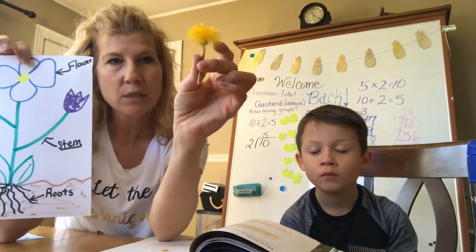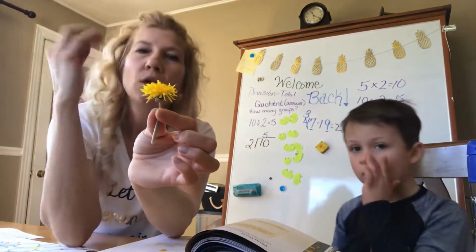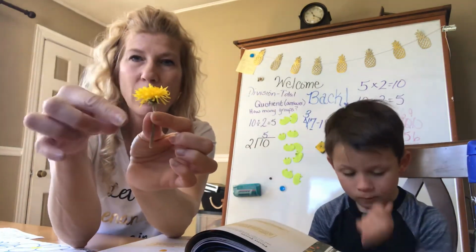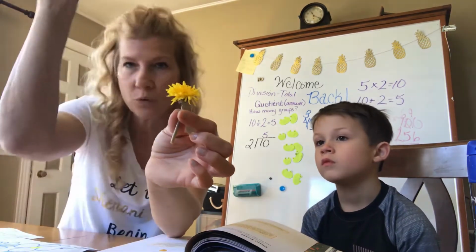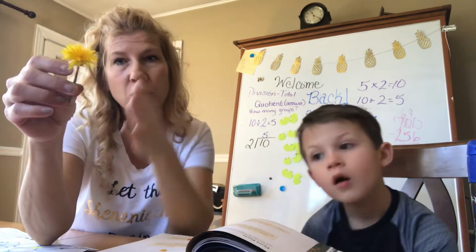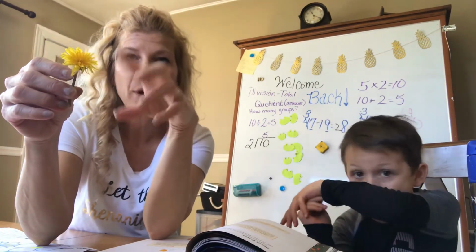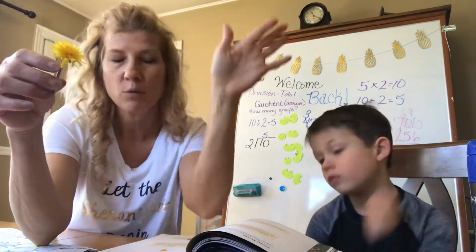Okay, so this is the part, if you'll notice this in the fall or even in the spring, it will get all white, and then you can blow on it and send the seeds out into wherever, and then they'll form new flowers. Or sometimes the wind will take a hold of these, or even other animals will attach to these seeds on the flower, and then it will carry them away.